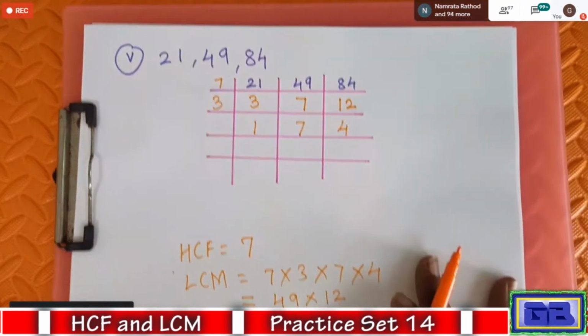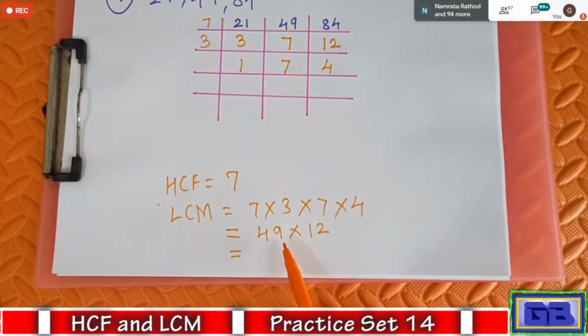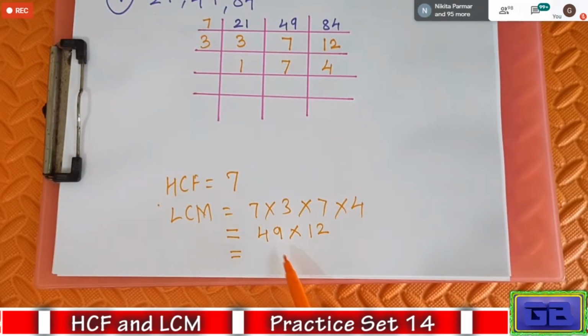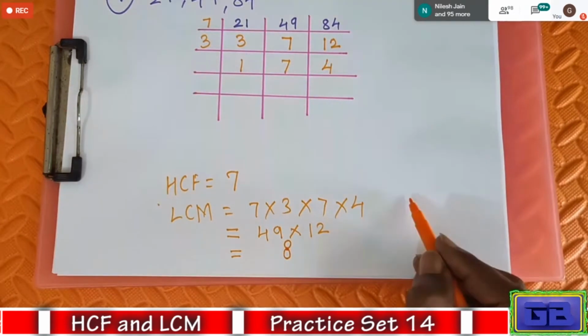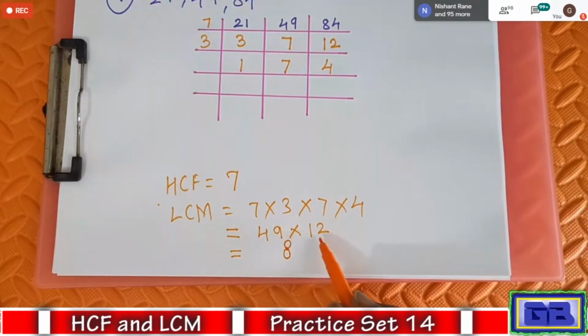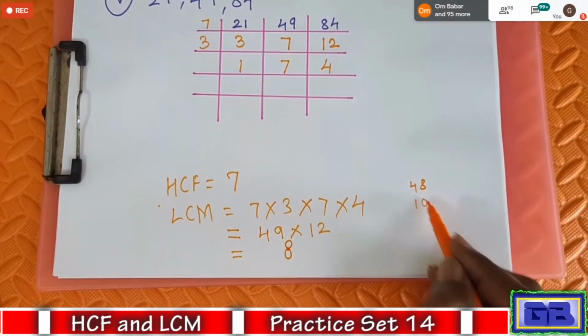7 sevens are 49, 4 threes are 12. Now tell me, 12 nines are how much? 108. 10 will be carried over. Now 12 fours are 48 plus 10.